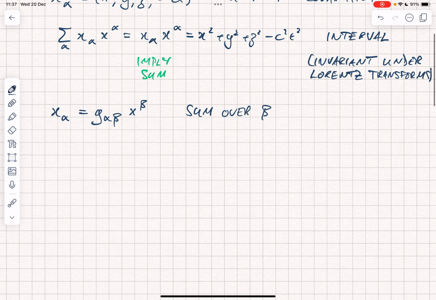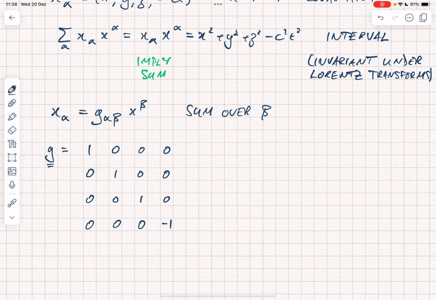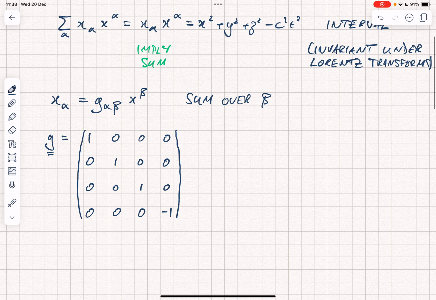And we write this tensor G, which is known as the metric, as the following matrix: 1, 0, 0, 0, 0, 1, 0, 0, 0, 0, 1, 0, 0, 0, 0, minus 1. So you see that, of course, that matrix just has the effect of flipping the sign of the fourth component.